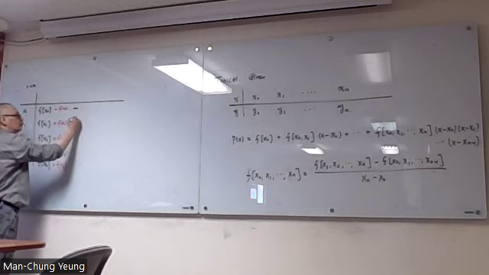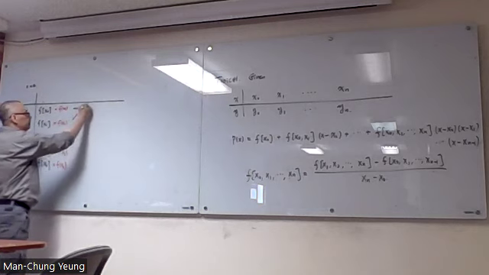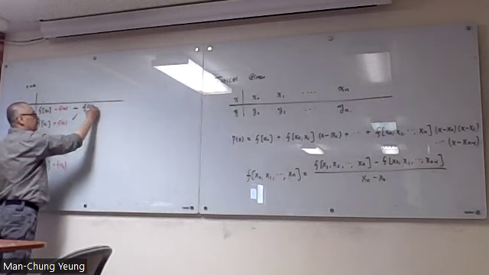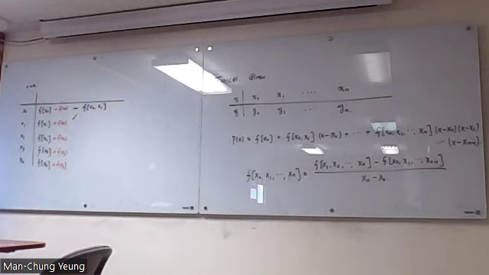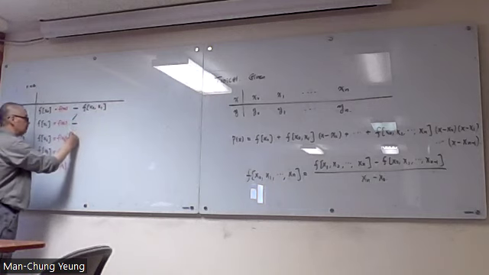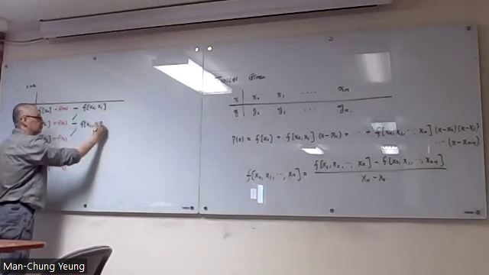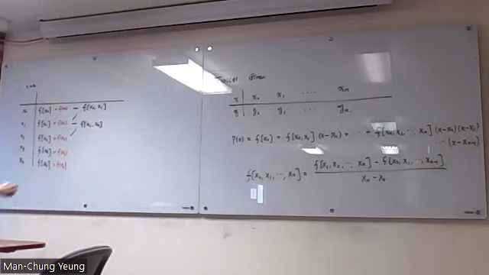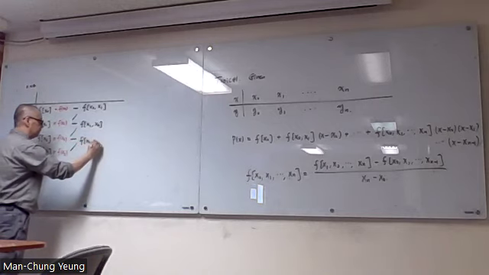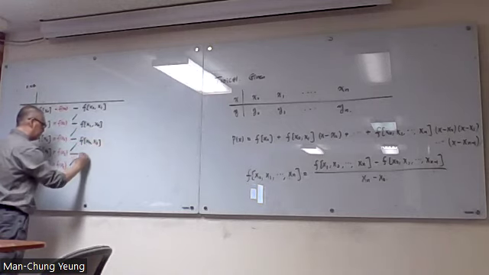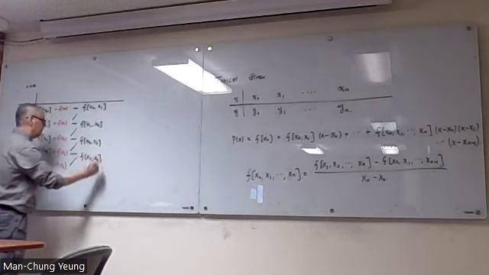From these two values, by the formula, I can compute the divided difference of order 1 at x0, x1. From these two function values, I can compute x1, x2. And from these two, x2, x3, and x3, x4.